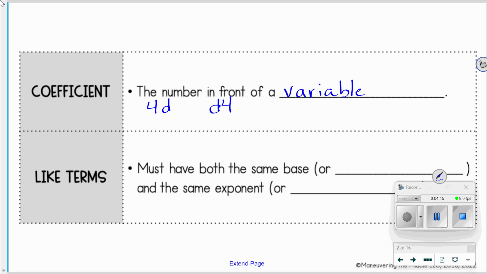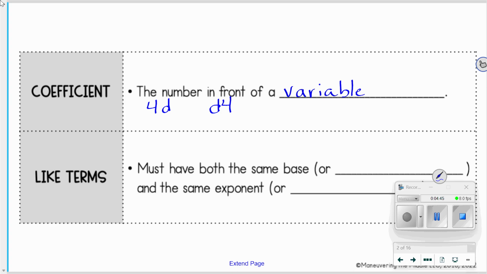Now, as a side note, because it is multiplication, we have the commutative property of multiplication, yes? So does it matter if I write 4d or d4? Raise your hand if you think it matters. Good. Hands down. Hands up if you don't think it matters. I heard more than one person say no. Why do you say it doesn't matter?